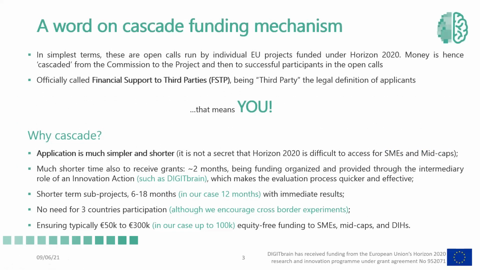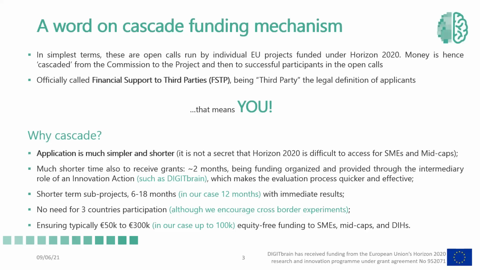Let me start by telling a word on European Commission cascade funding mechanism, because I think one of the main strengths of the project is indeed the transfer of funds to SMEs like yours, supporting their innovation. Basically cascade funding implies open calls run by individual projects funded under Horizon 2020.